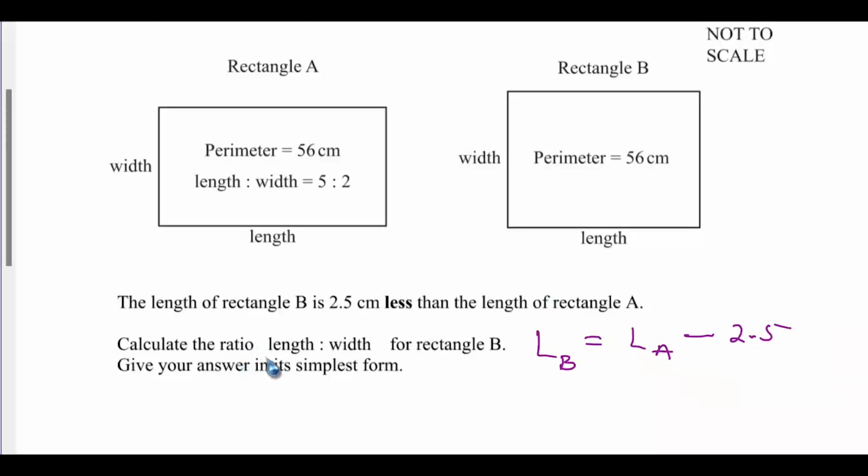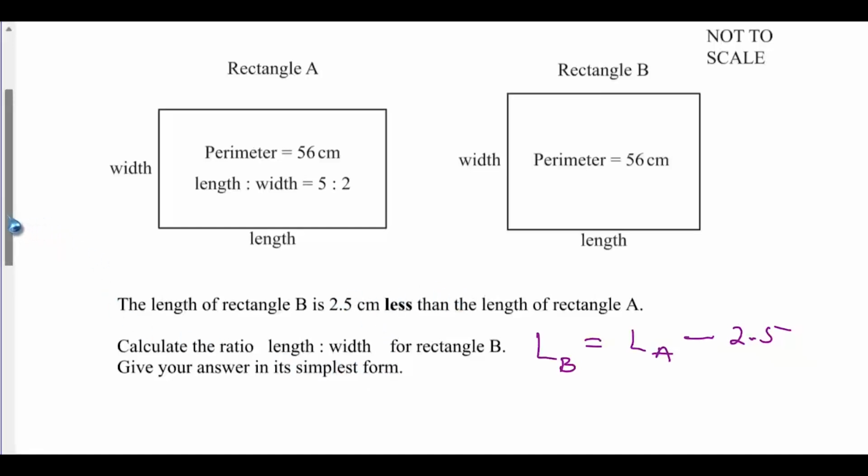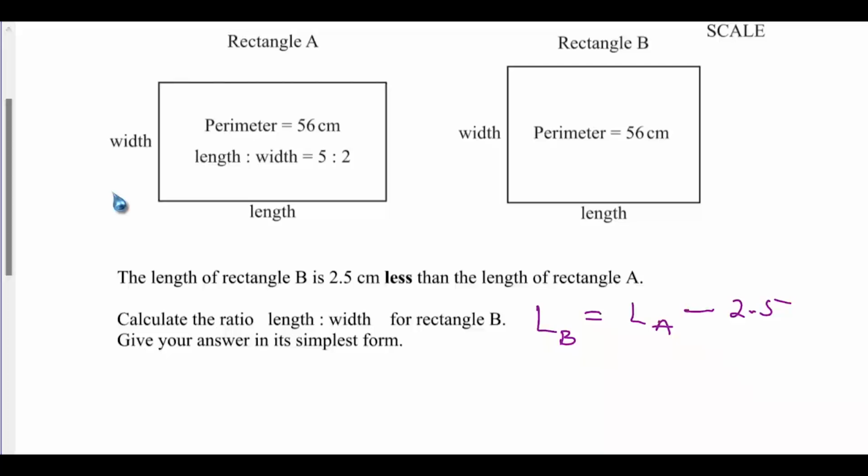So calculate the ratio length to width for rectangle B. We need to firstly get the length and the width before we can get the ratio. Let's start with rectangle A. The total ratio will be 5 add 2, 7, and the perimeter is 56.